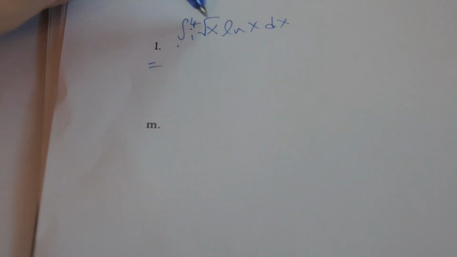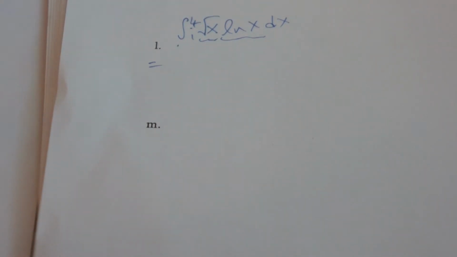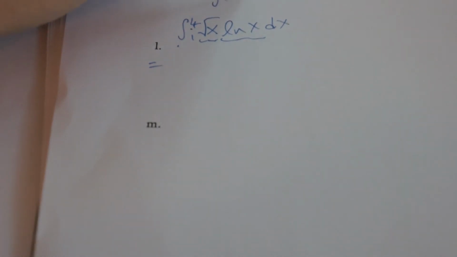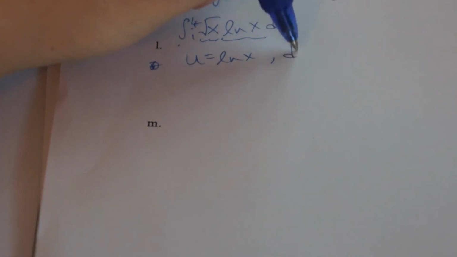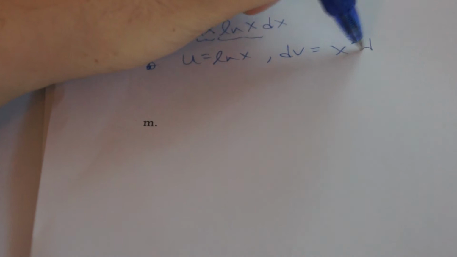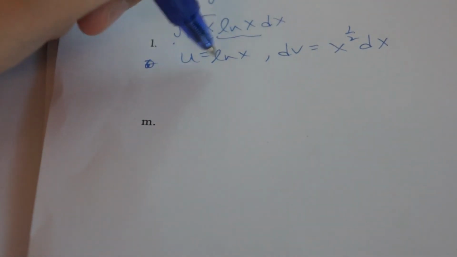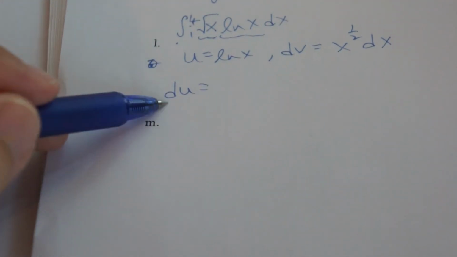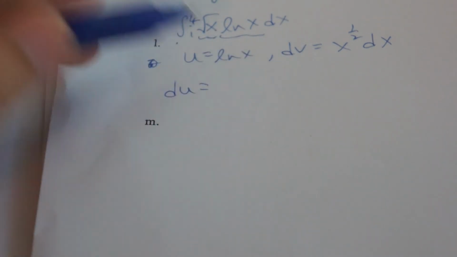If the combination is a polynomial x and then ln x, remember that we need to use integration by parts, which is the third method: integral u dv equals uv minus integral v du. As I have said already, choose u to be ln x, while dv is x to the power of 1 over 2. Then you have to find du, which is to differentiate ln x one time.